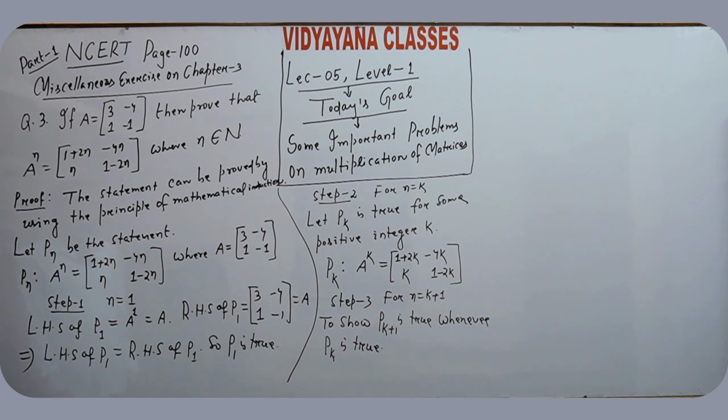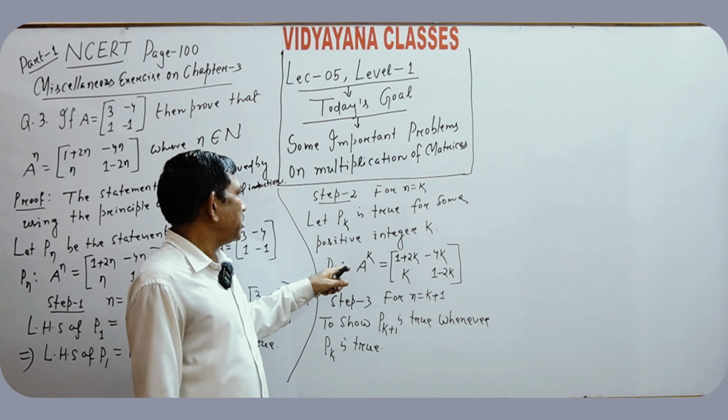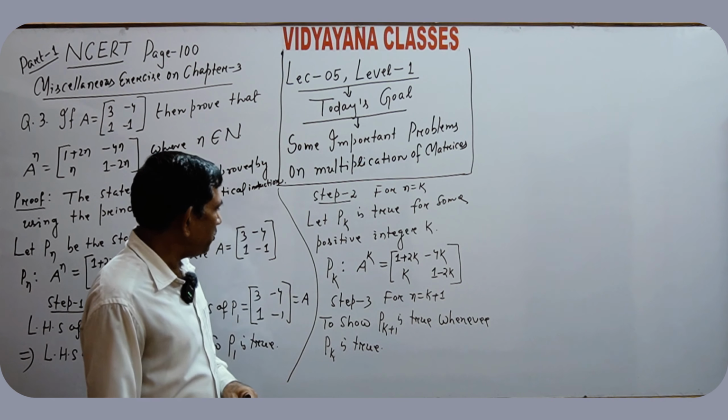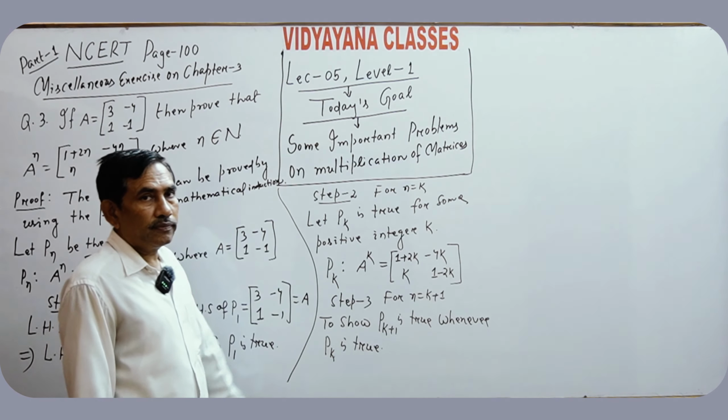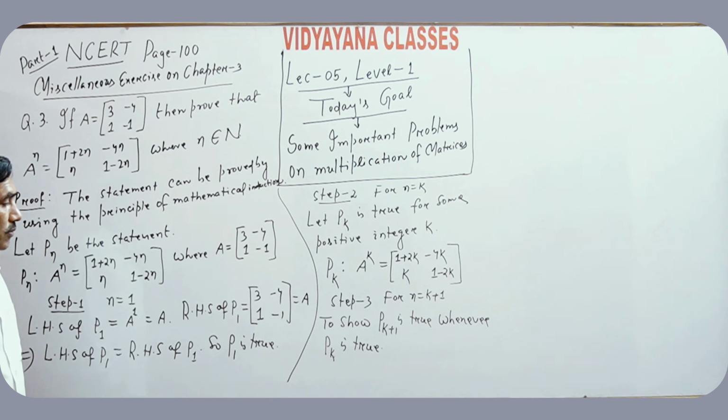In mathematical induction, there exist 3 steps. The first step must be proved. The second step is assumed to be true. The third step will be proved using the second step. Clear?